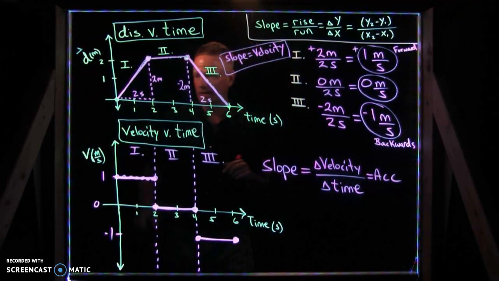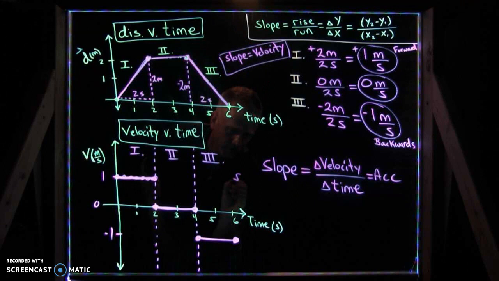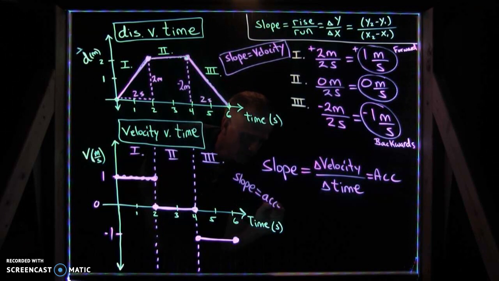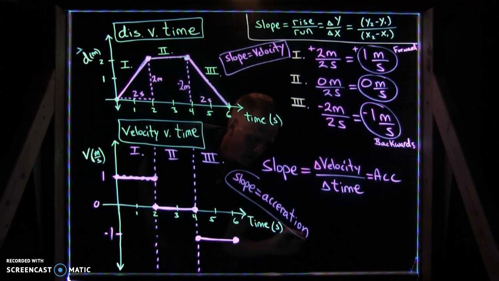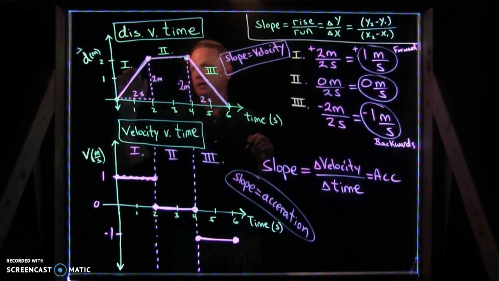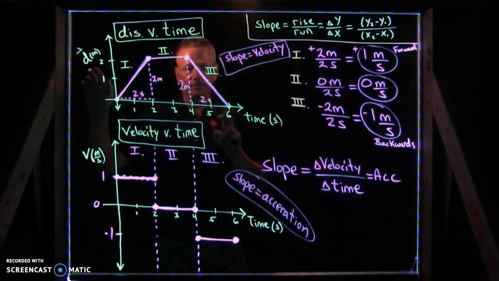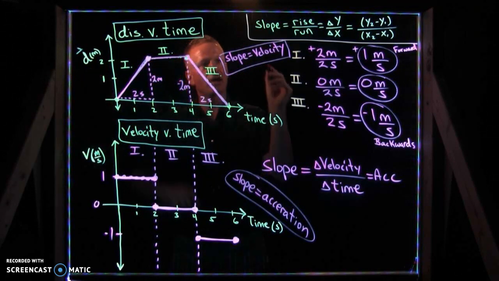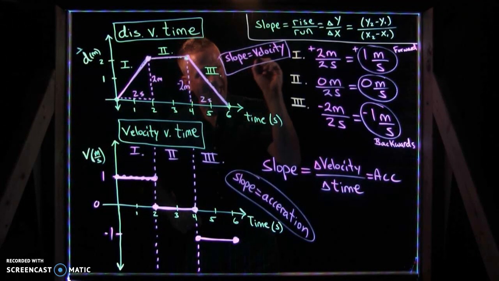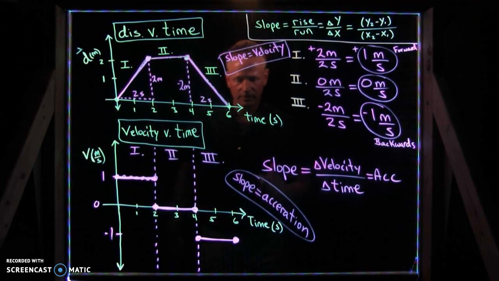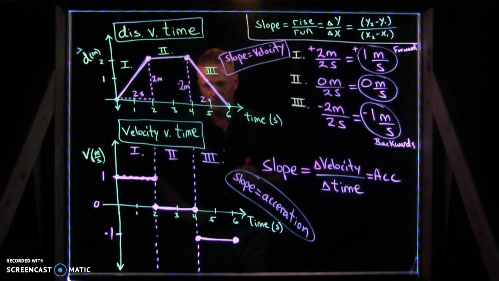That means anytime you're analyzing a velocity versus time graph, the slope of any line segment will always represent the average rate of acceleration. So while the slope of a change in position versus time graph or displacement versus time graph always represents your average velocity during that time interval, the slope of a velocity versus time graph will always represent your acceleration.